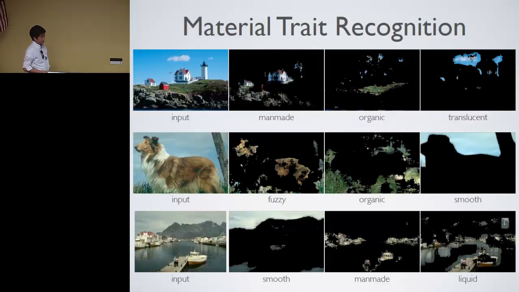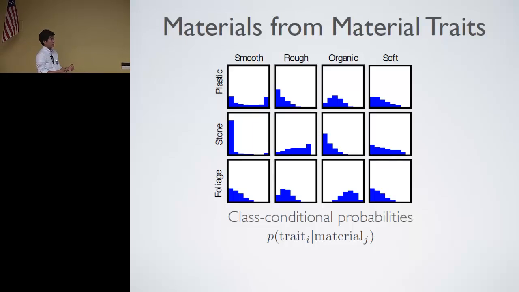Okay, so now we have this great way of finding the traits for each individual pixel, and that gives us rich information about the material, so we can think about using it for extracting higher level information. And one natural thing is to recognize the materials from the traits. If you compute these class conditional probabilities as histograms of these traits for each different material, you can see that they carry some really interesting discriminative information.